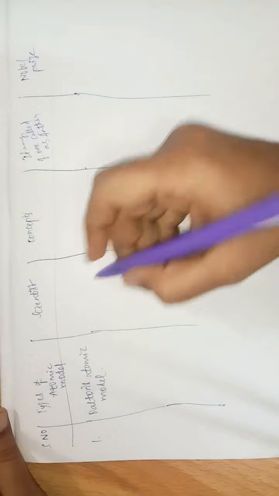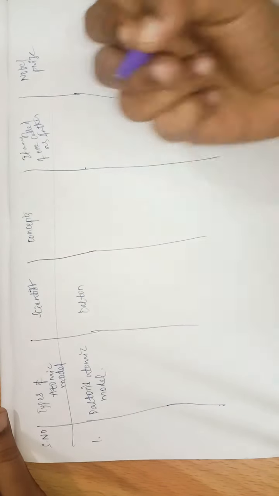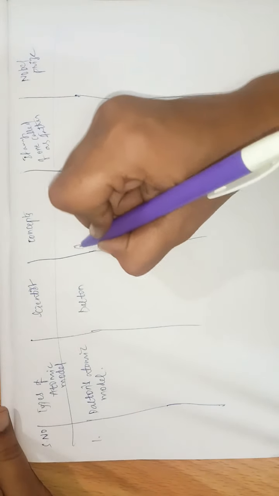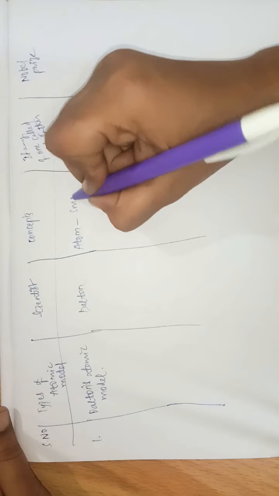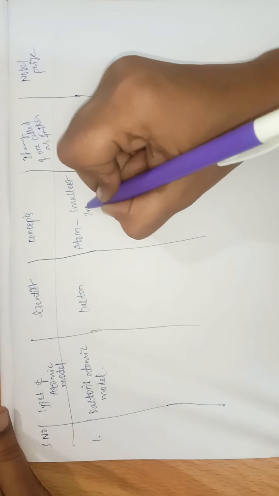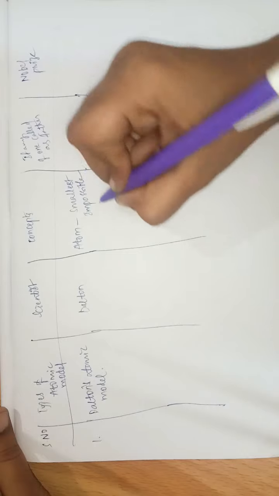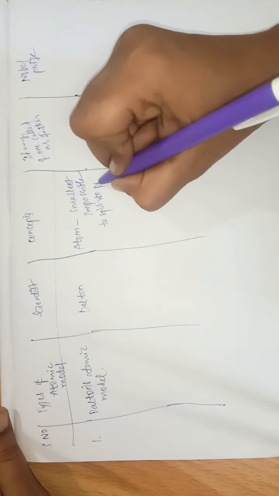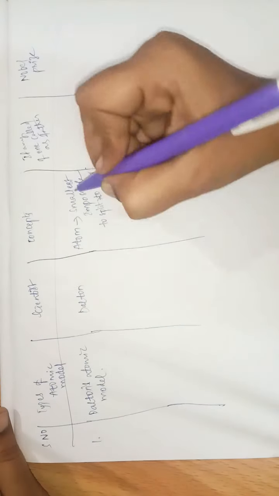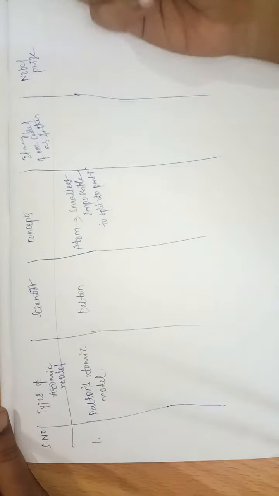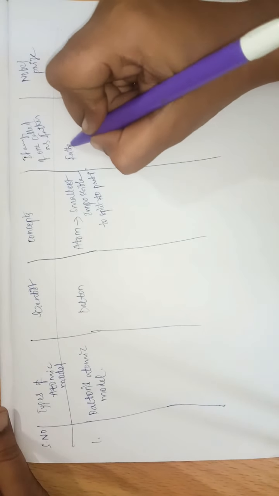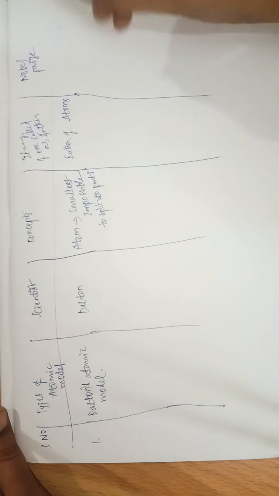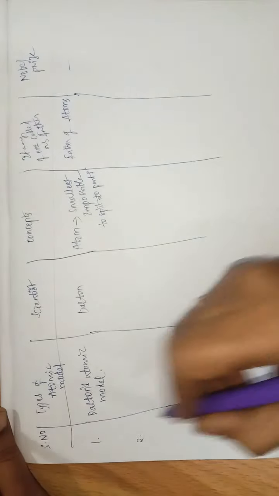The scientist is Dalton, and the concept is he said that the atom is the smallest and impossible to split into particles. And he is named the father of atoms.